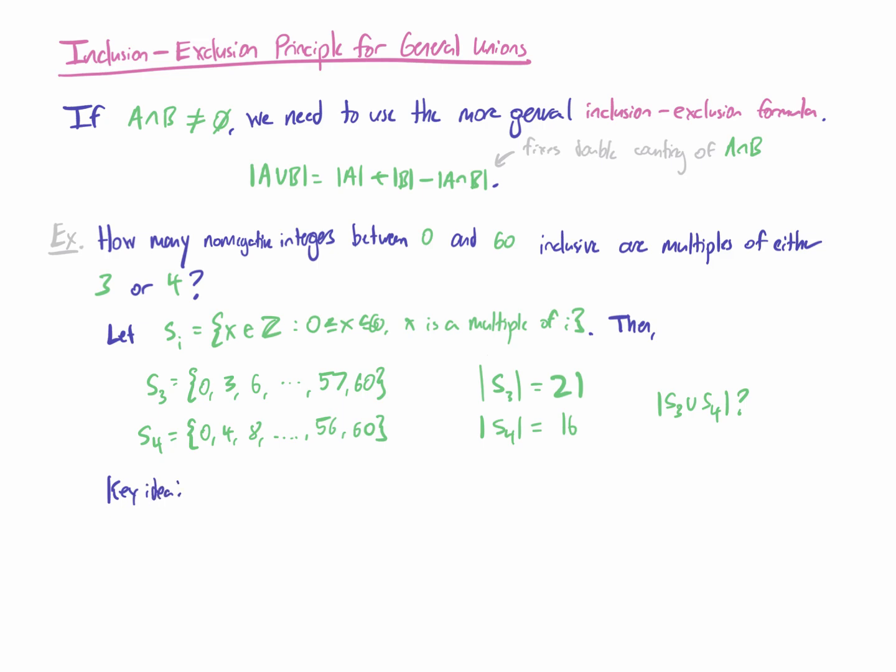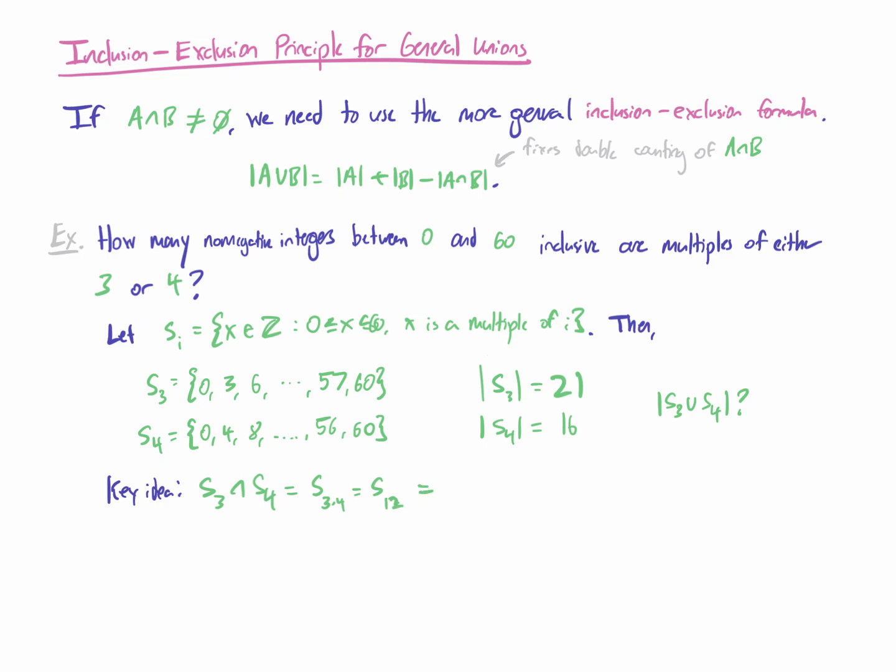And our key idea here is that, okay, what is S3 intersect S4? Well, it's the set of all numbers which are multiples of both 3 and 4. And because 3 and 4 have no common factors, this set is actually a set that is kind of familiar in a way. It's S sub 3 times 4, or alternatively S12, the set of all multiples of 12.